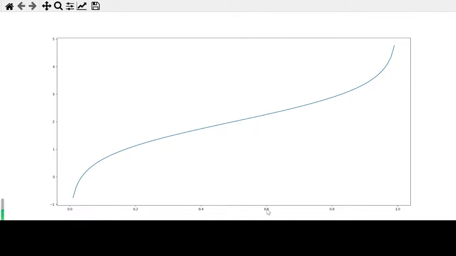So for example, at 0.5 the quantile is about 2, because this t-distribution has a mean value. We set the location to 2 here, which means 50% of the random variables in this distribution have a value lower than 2, right?